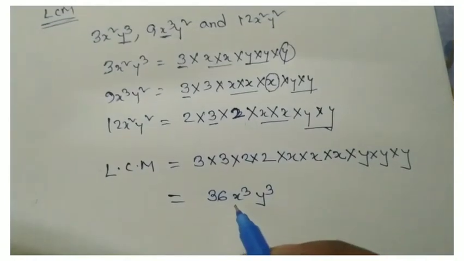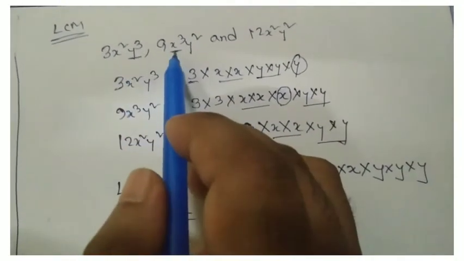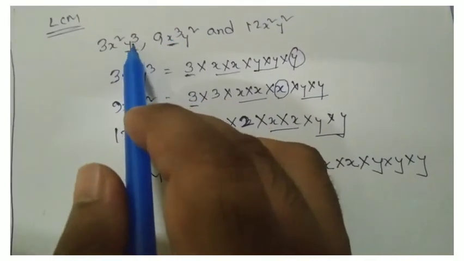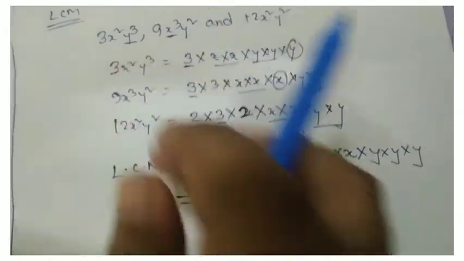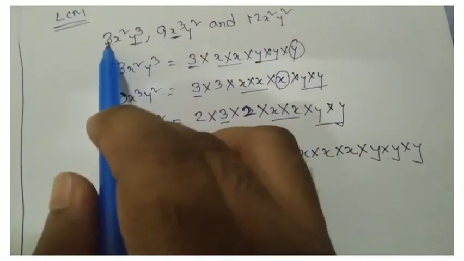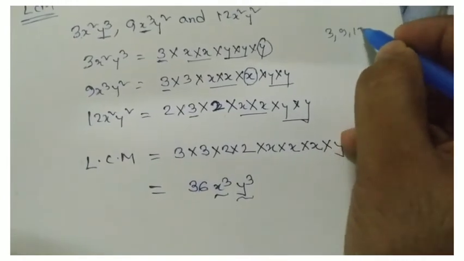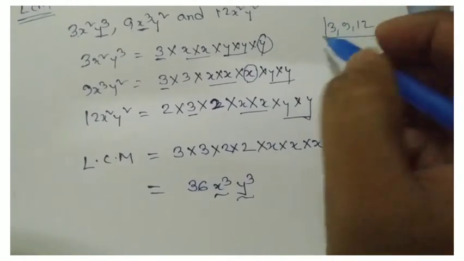If you see the answer you can understand, x cube, y cube. The highest power of x is x cube, the highest power of y is y cube. This will automatically come into the LCM, and then you just need to find the LCM of 3, 9 and 12. We already know how to do that, right? LCM we can do by prime factorization.